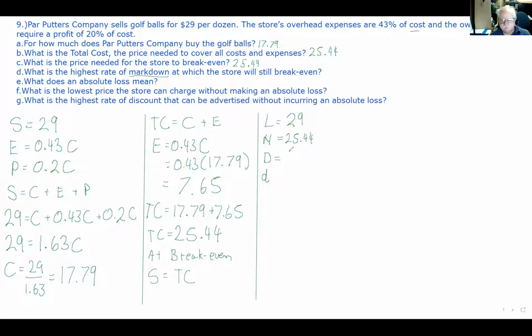Turns out to be $3.56. And so the discount is equal to the dollar value of the discount divided by the higher price. So 3.56 divided by 29 times 100.